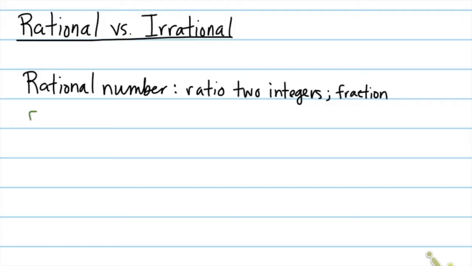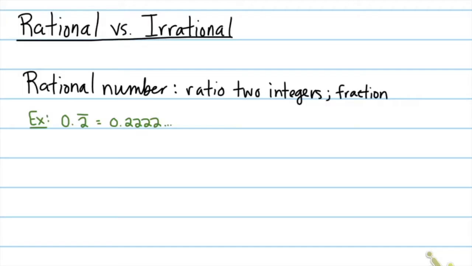So I'm going to take a repeating decimal, let's say 0.2 repeating. Let's start with that, 0.2 repeating, which is the same thing as 0.2222, and so on forever and ever.